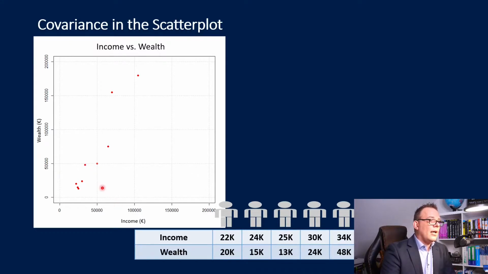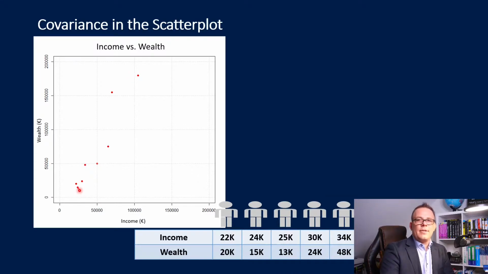But what we see now here in the plot is that there is seemingly some interaction, because if the income is high, just like at this point, the wealth seems to be high too. Or vice versa. If the wealth is high, the income will be high too.